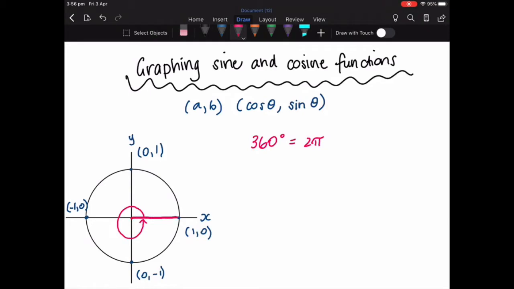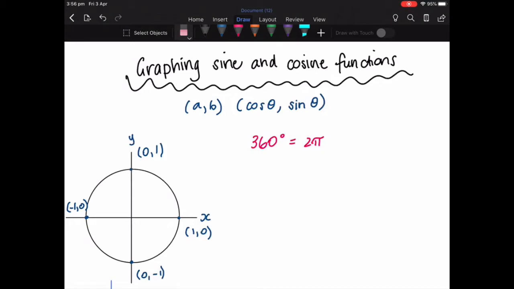So from the positive x-axis, we move anti-clockwise to get a positive angle. In the same logic, therefore, negative angles would go clockwise.